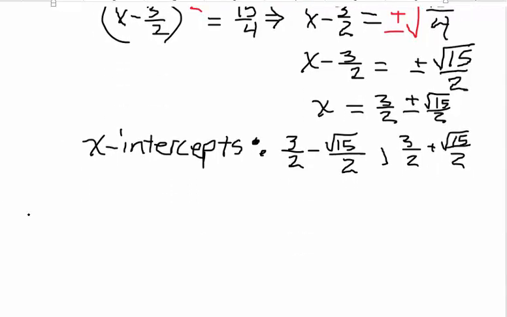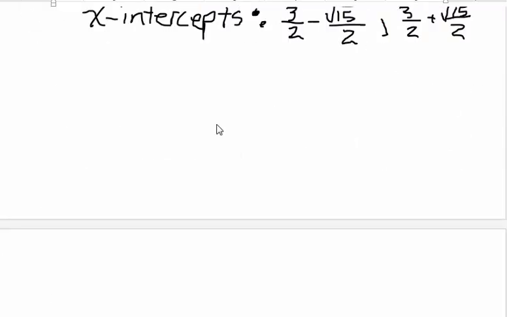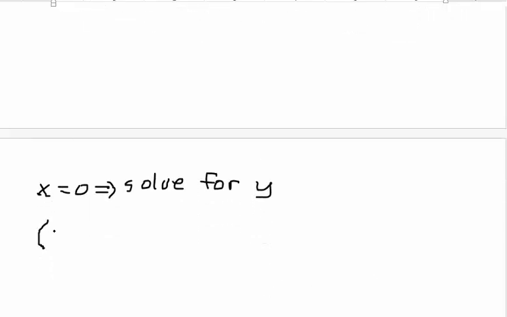Now the y-intercepts, I would do the same thing, except to find the y-intercepts, I'm going to replace x with 0. So to find our y-intercepts, we're going to do a similar thing. We're going to let x equal 0, and then we're going to solve for y. Now the nature of this equation is such that I hope you see this.